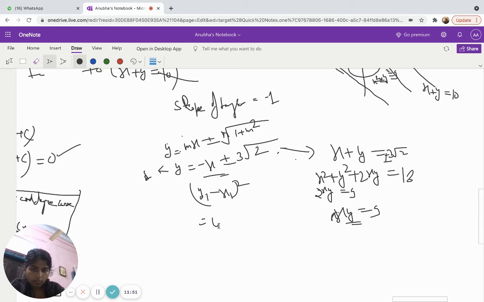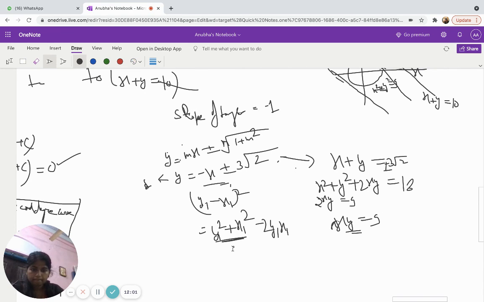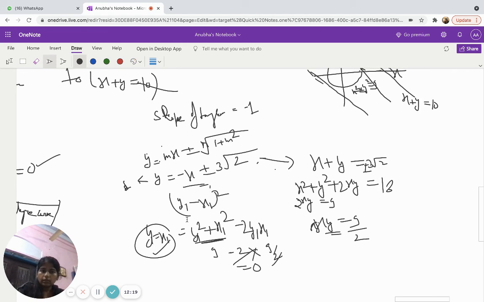What we got: y1 square plus x1 square minus 2 y1 x1. Now y1 square plus x1 square is 9, and minus 2 into x1 y1 is minus 2 into 9 by 2. So it is also 0. So we got y1 equal to x1.